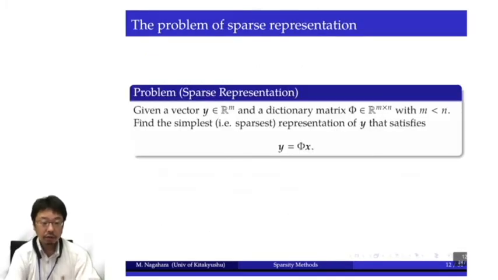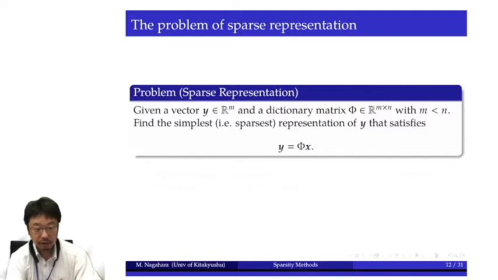Finally, we describe the problem of sparse representation. Given a vector y in Rm and a dictionary matrix phi, which is m times n with m less than n, that is, the matrix phi is a fat matrix, then find the simplest, that is, sparsest representation of vector y that satisfies y equals phi x.